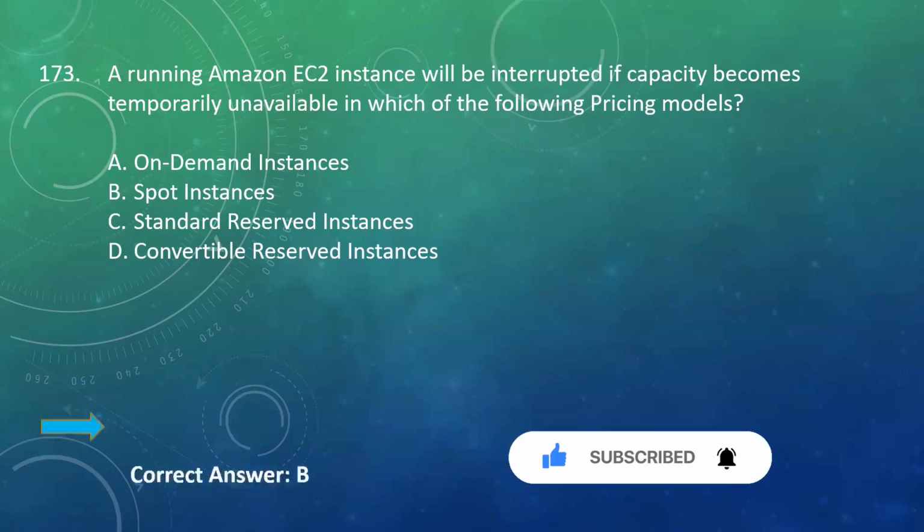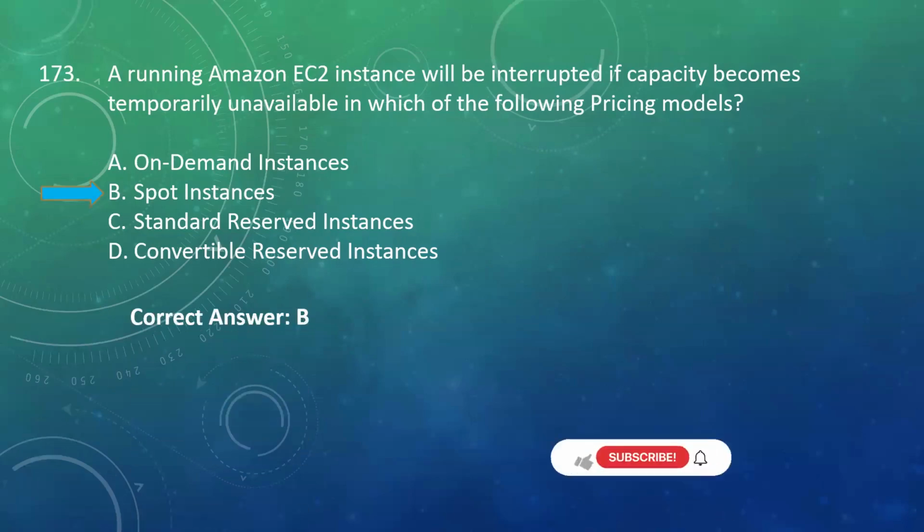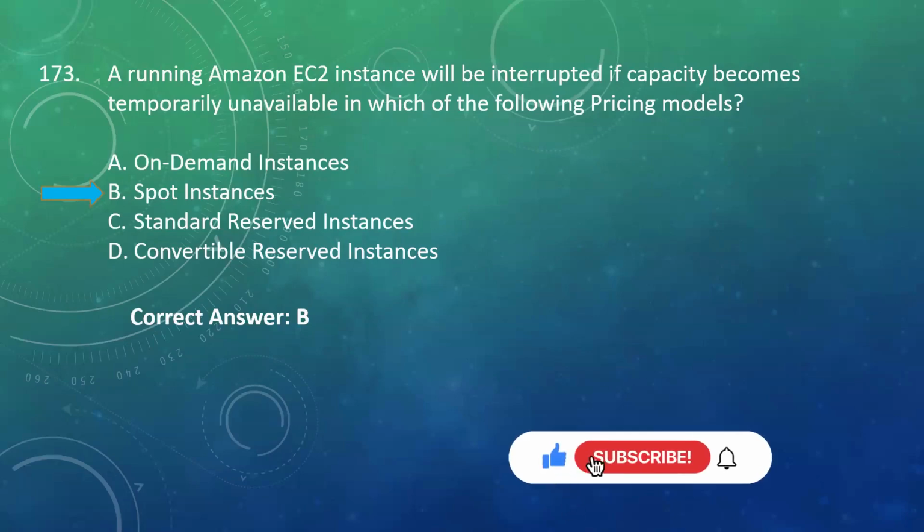In the spot instance pricing model, you can bid for unused EC2 instance capacity in the AWS cloud. The price of a spot instance fluctuates based on supply and demand for instance capacity. If your bid price exceeds the current spot price, your instance will be launched and run as long as the spot price remains below your bid price.